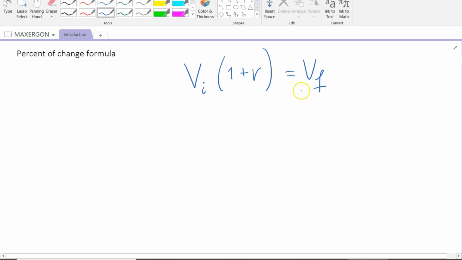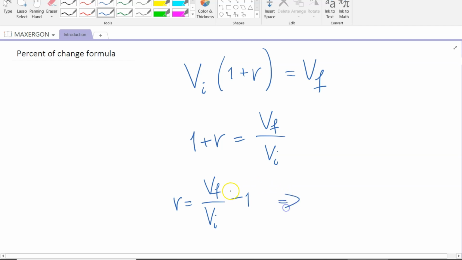To do so, we'll divide both sides of this equation by VI, and we'll obtain that 1 plus R equals VF divided by VI. From here, we'll find R, which is VF divided by VI minus 1.